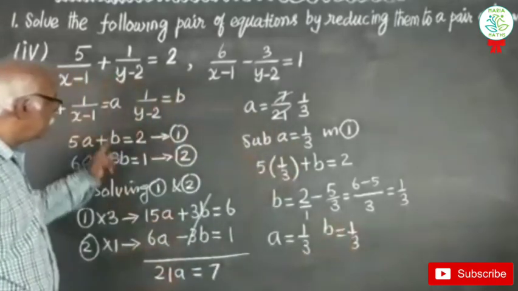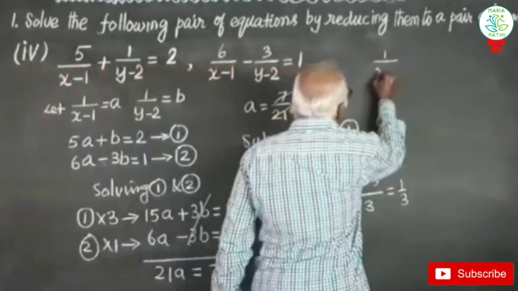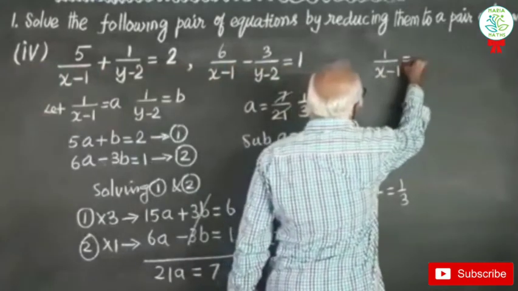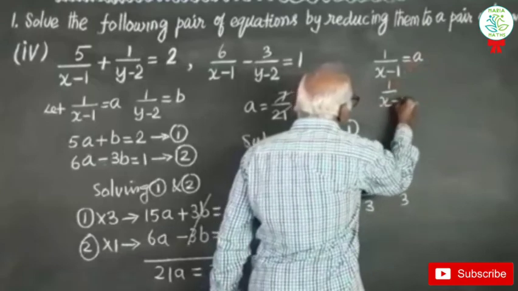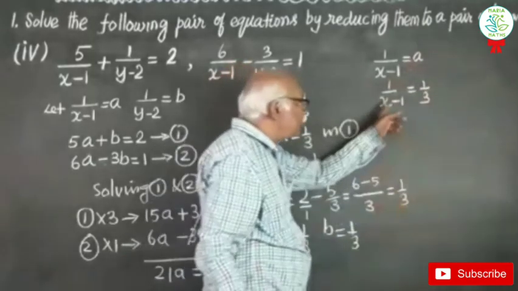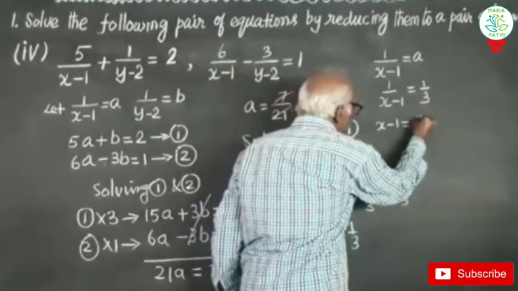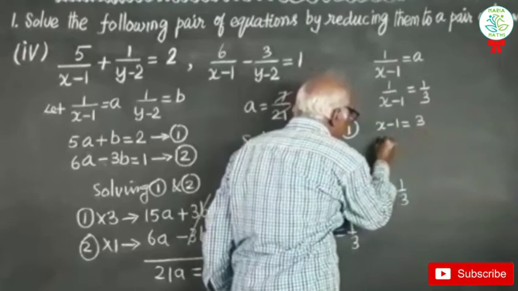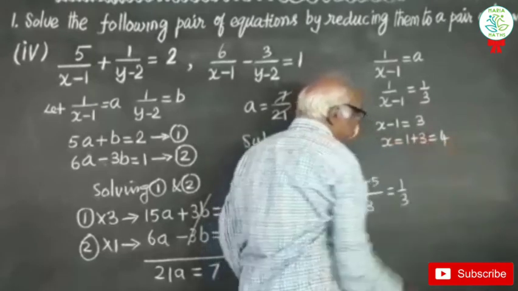Now to find x. 1 by x minus 1 is equal to a. 1 by x minus 1 equal to 1 by 3. Now cross multiply. x minus 1 into 1, x minus 1. 1 into 3, 3. So x is equal to 1 plus 3, 4.